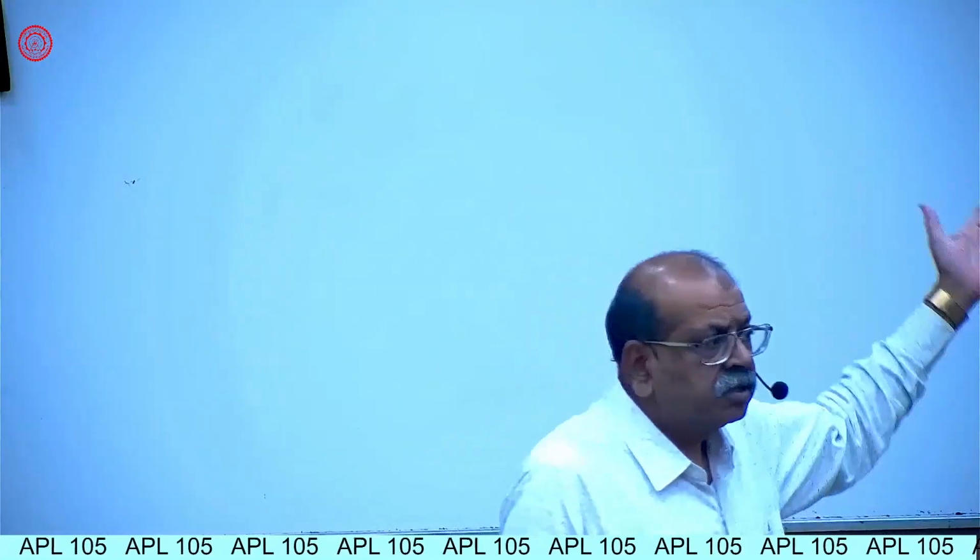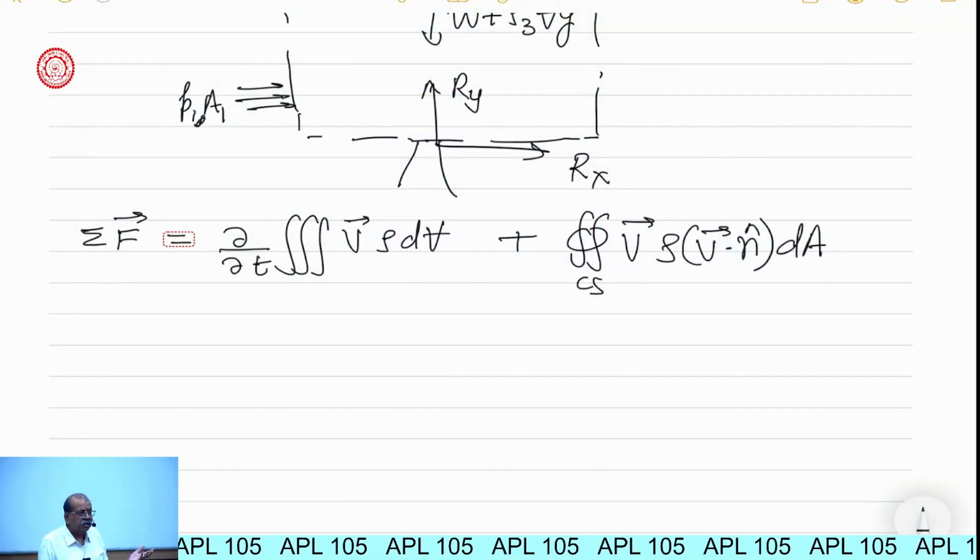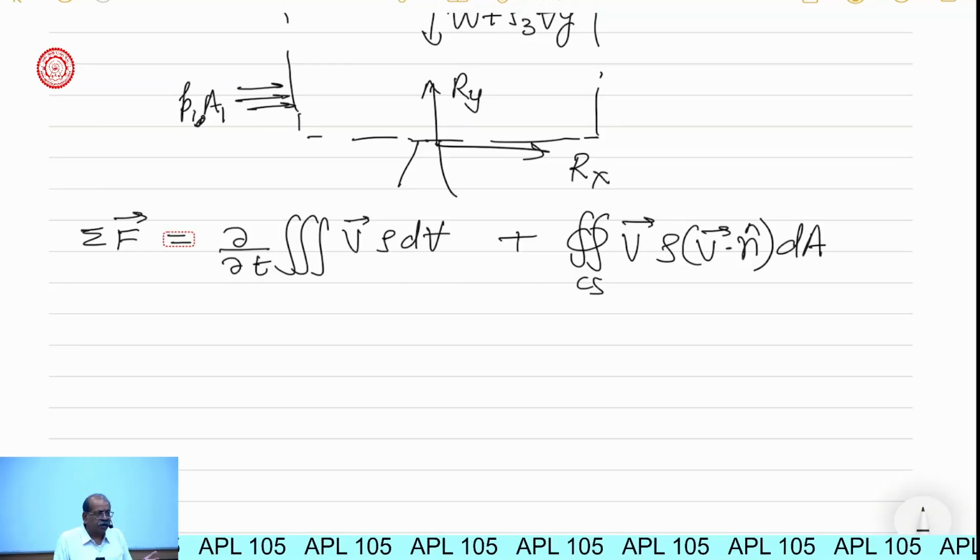Now, one mistake a lot of you have made is to combine all the forces and treat it like a scalar equation. Obviously, this is a vector equation, so we have to write the x component and the y component separately.